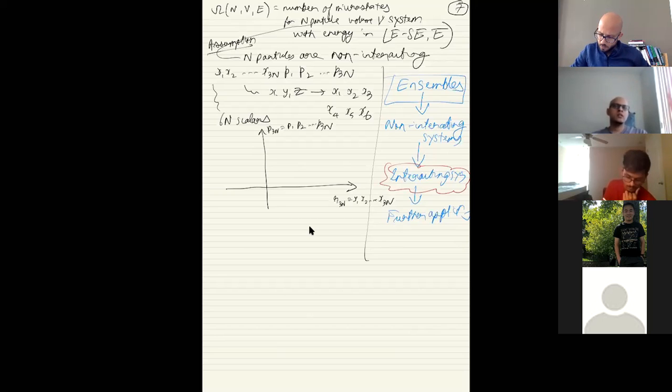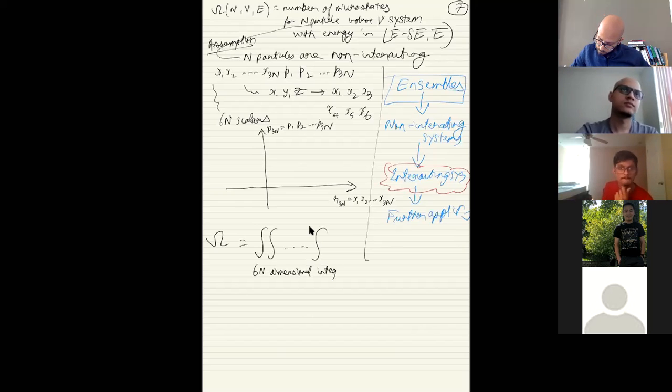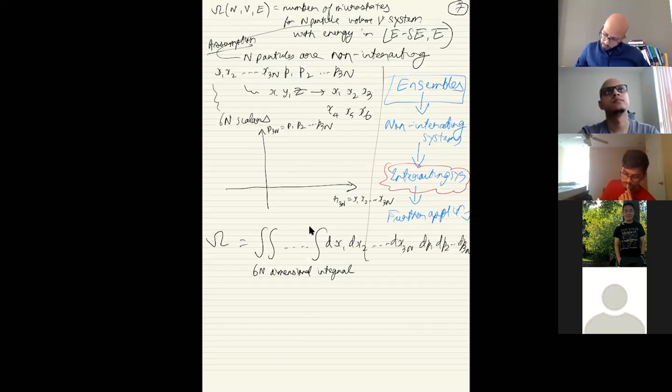So what we want to do here is to calculate the volume in this very high dimensional space. It's going to be a 6n dimensional integral that goes and counts dx1, dx2, up to dx3n, dp1, dp2, up to dp3n.